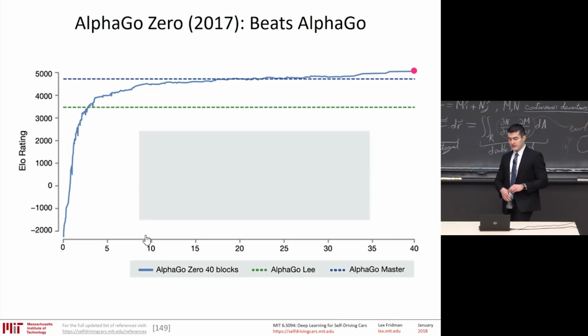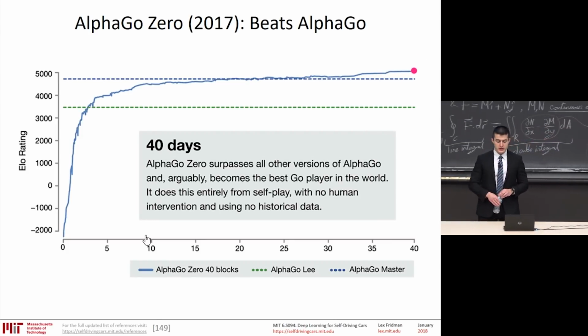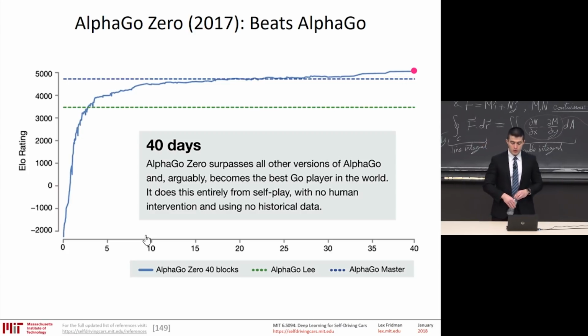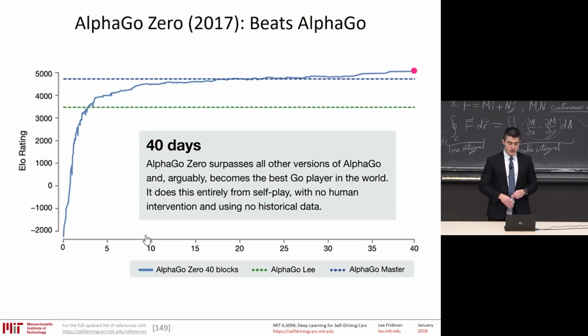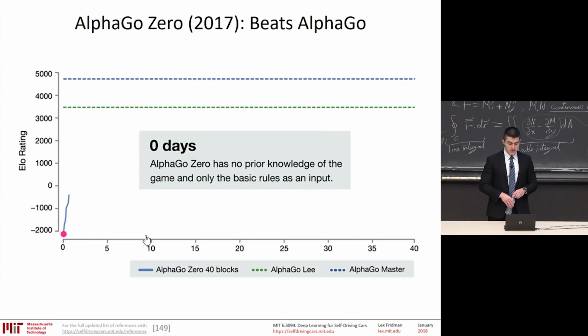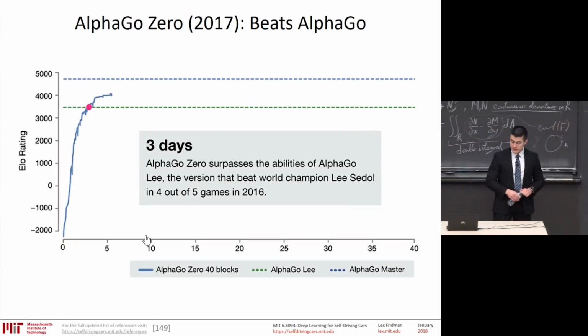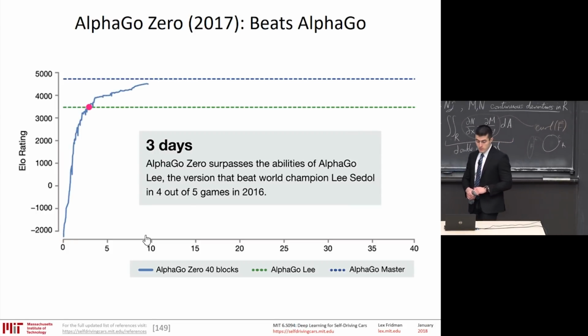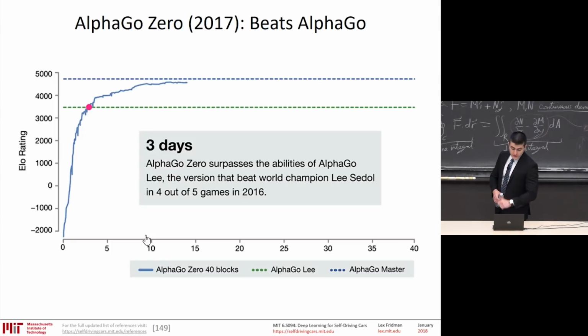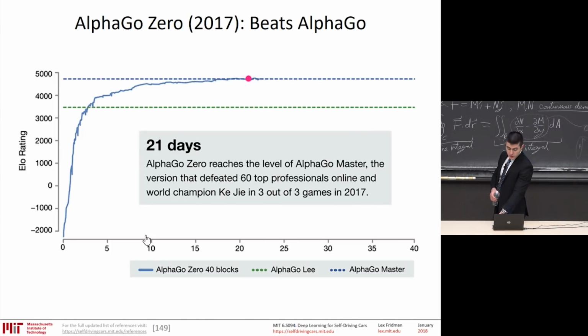This is a much higher order difficulty game, and the quality of players that it's competing against is much higher, and it's able to extremely quickly achieve a rating that's better than AlphaGo and better than the different variants of AlphaGo, and certainly better than the best of the human players in 21 days of self-play.